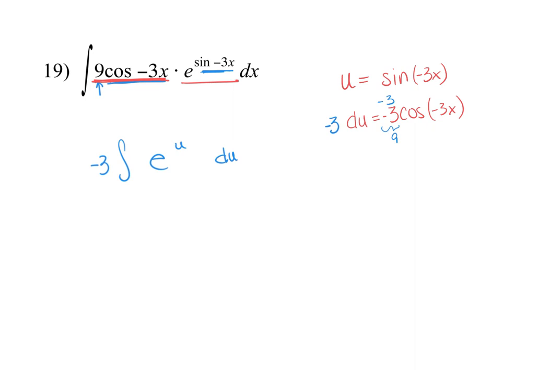The antiderivative of e to the u is just e to the u. So my antiderivative of this is going to be negative 3 e to the u plus c. And then, of course, I need to go in and fill back in my u with what my u was. And so negative 3 e to the sine of negative 3x plus c. And that is my answer.